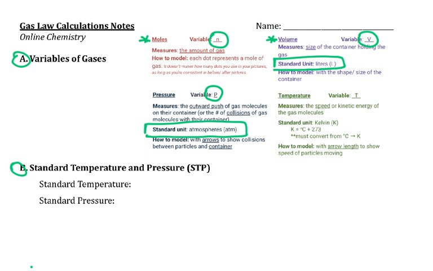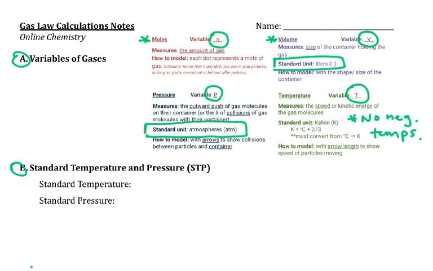And then temperature, our variable that we would see in an equation is capital T. And our standard unit for temperature is Kelvin. This makes it so that we don't have any negative temperatures because the gas relationships don't work if we're dealing with negative temperature values.